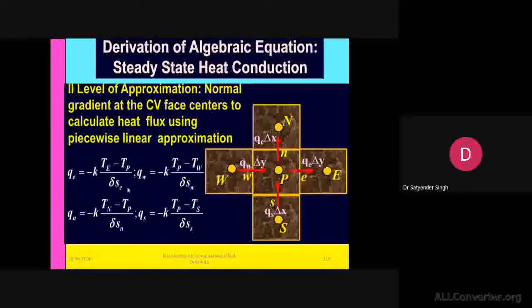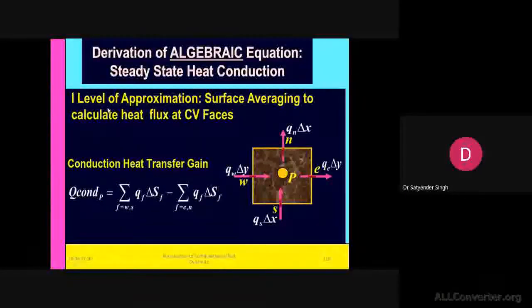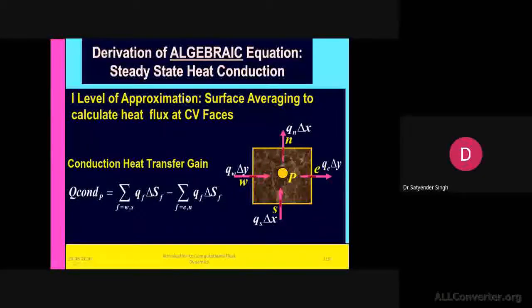This flux can be further discretized. This we call the first level of approximation, where we are only writing them in the form of flux differences, and I'm using w and s here to represent the west and south phase. Here we have west and south phase, and for this end it is E and N, indicating the east and north phase.